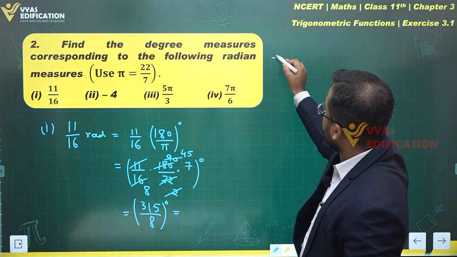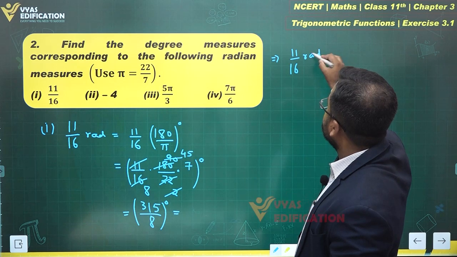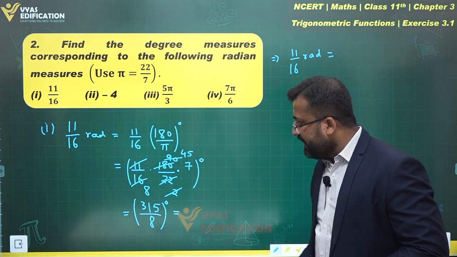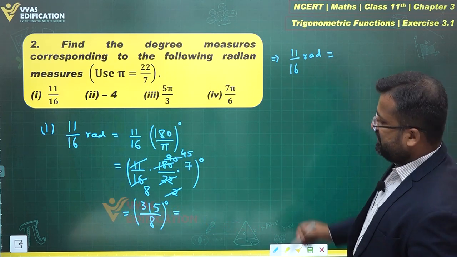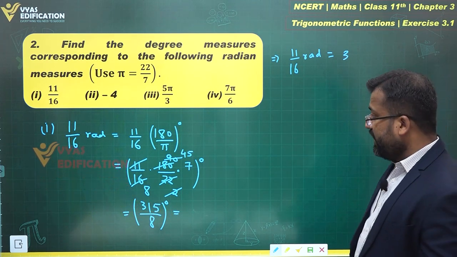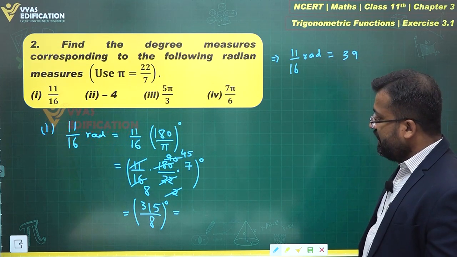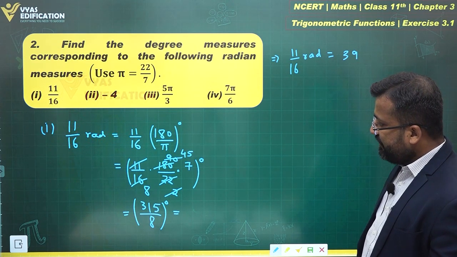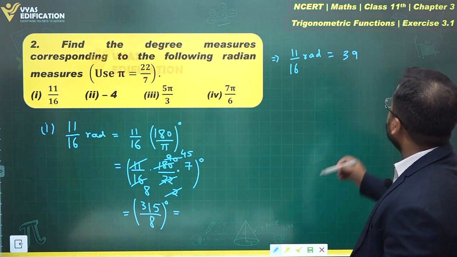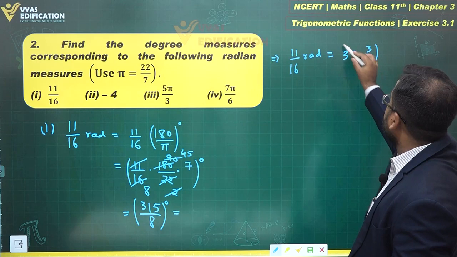So 11/16 radian is equal to 315 divided by 8. 3 times 8 is 24, then you have 75, 9 times 8 is 72, 3 remains, so 39 whole 3/8 degrees is what I get.